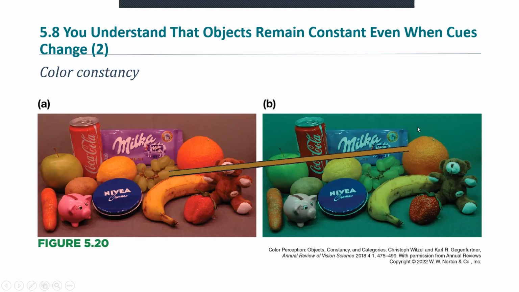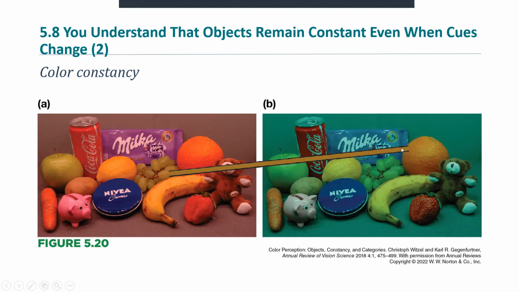We see the oranges in each picture as being orange because we know that's the color they are. And yet, in terms of the actual colors you're sensing, it turns out that these green grapes in picture A are exactly the same color as this orange in picture B. But we don't see it that way. Even knowing it, you don't see it that way.